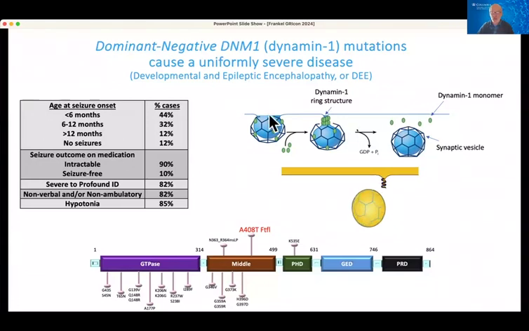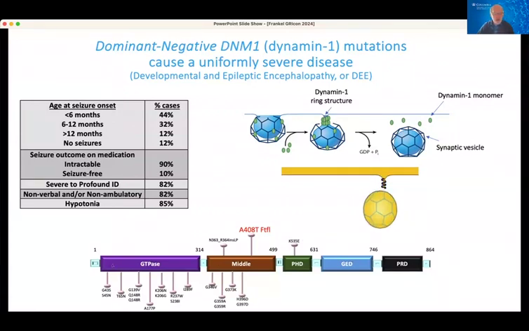And so that's what this Dynamin-1 does. And so the dominant negative, not only in our case, doesn't assemble into these multimers, but it also impacts the ability of any normal monomers there to assemble.